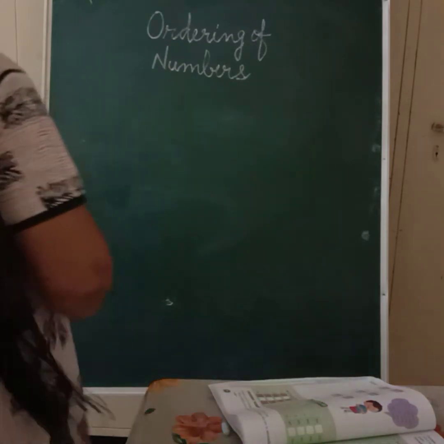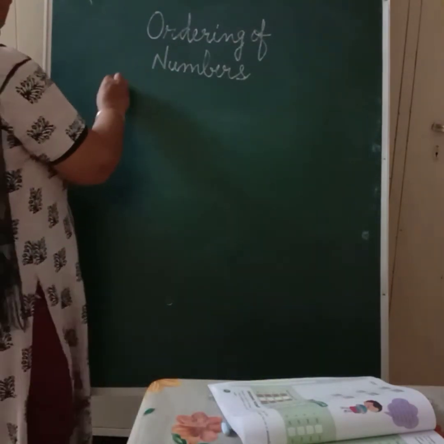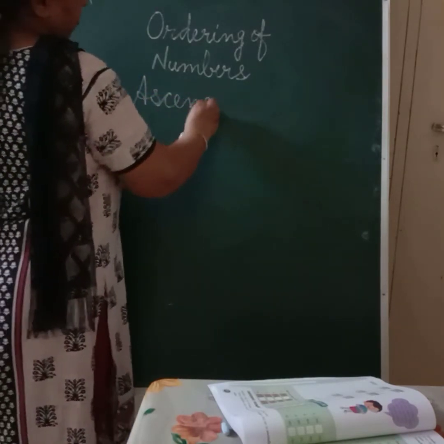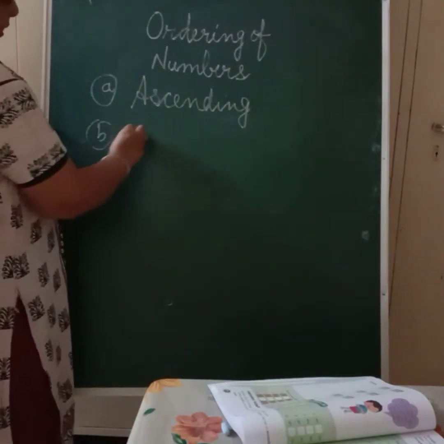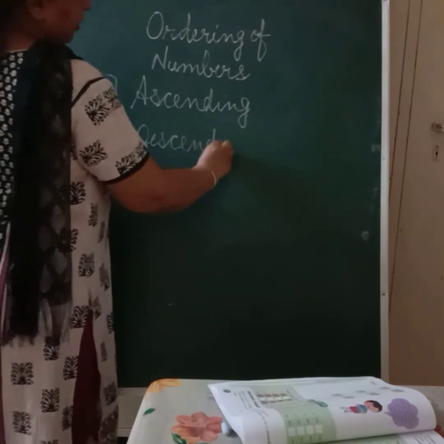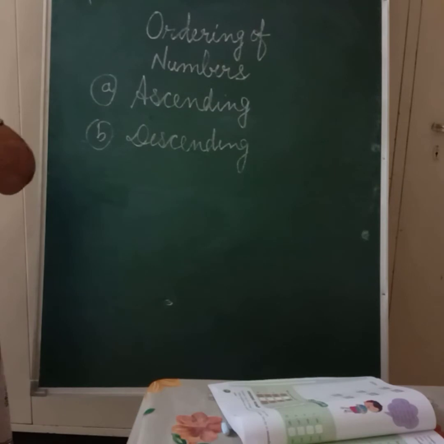So our third topic is ordering of numbers. It is of two types: A, ascending, and B, descending. You have learned this in class 1 also, and I taught you for 2 digits also.